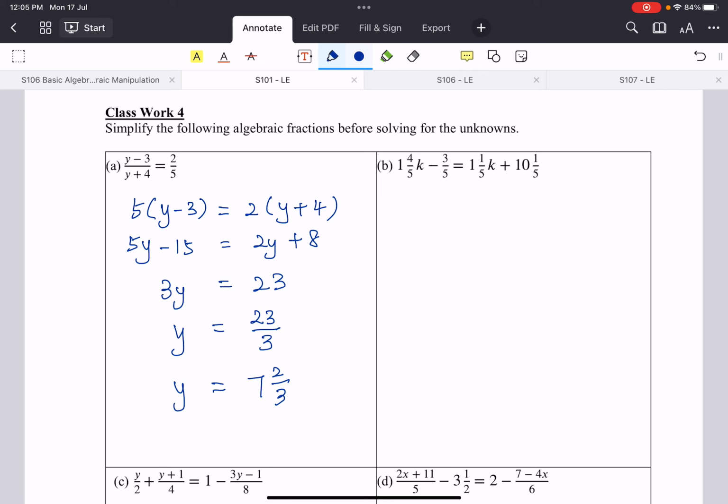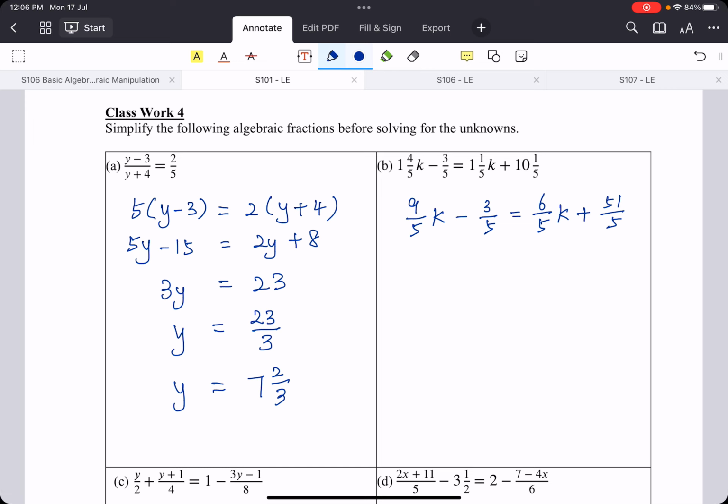So from here we have 9 over 5 k minus 3 over 5 equals to 6 over 5 k plus 51 over 5, right? Now, since all the denominators are the same, I can actually quite safely multiply everything by 5. But either case, if you prefer to put the like terms together first, you can also do that, right?